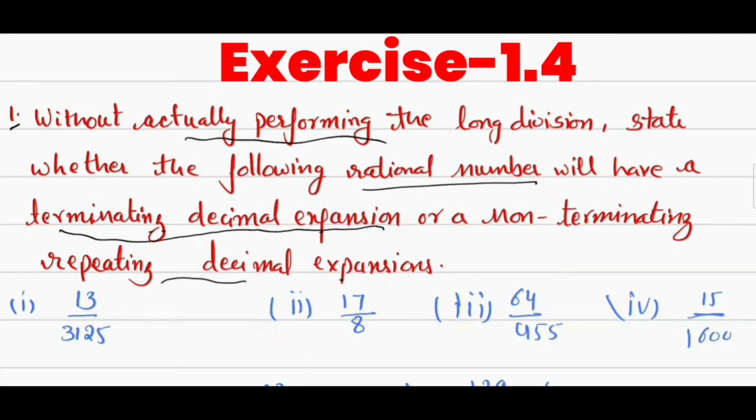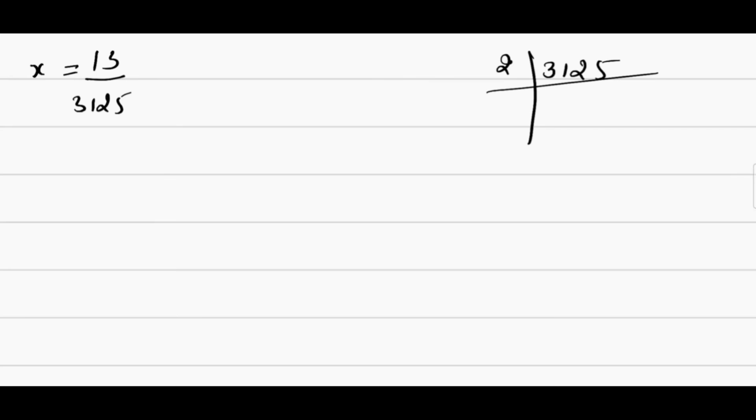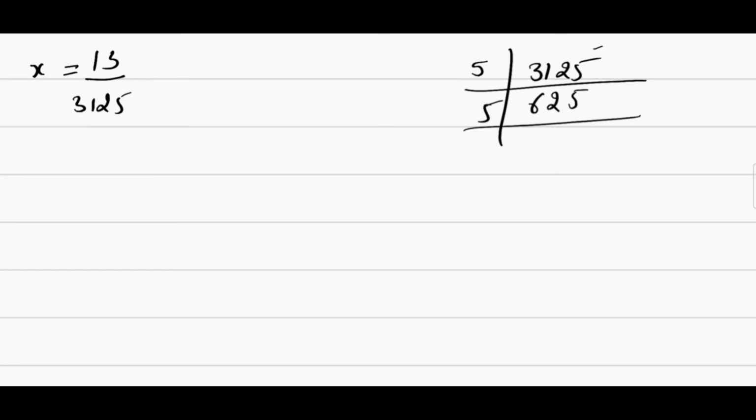Let's get started. The first question: x equals 13 divided by 3125. Now we have to find the prime factors of 3125. Let's find the prime factorization of 3125. 3125 divided by 5 is 625, and this is 125, and this is 25, and this is 5, and here again 5.